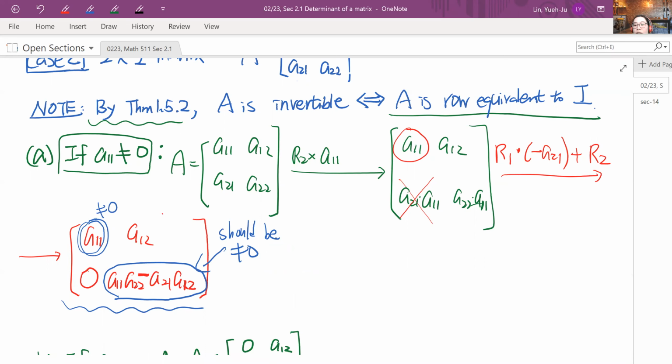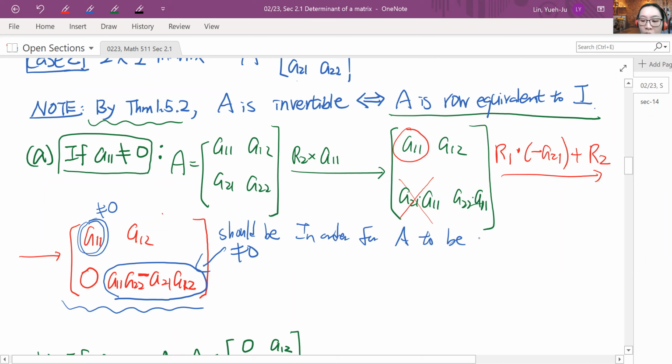So this tells us that if I want A to be able to reduce to identity, meaning if I want A to be invertible, then this number should be non-zero. The upshot is, in order for A to be row equivalent to identity, we need this number to be non-zero.